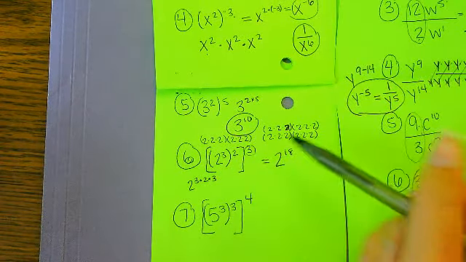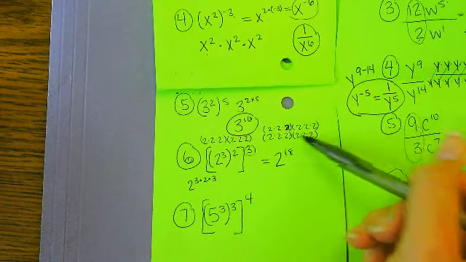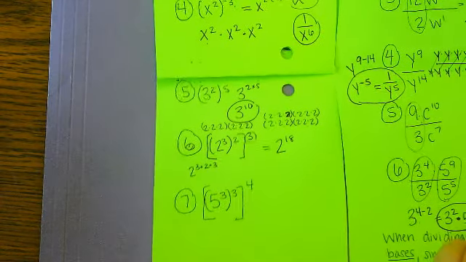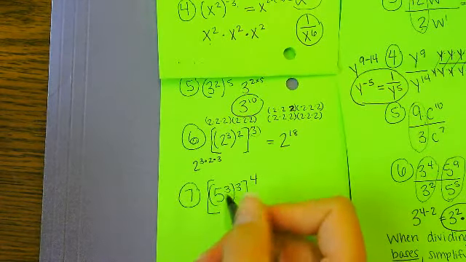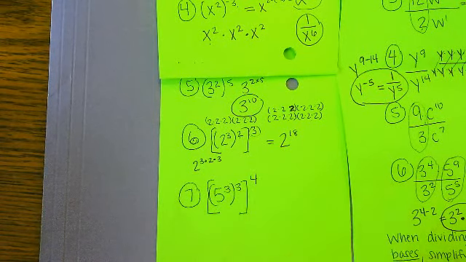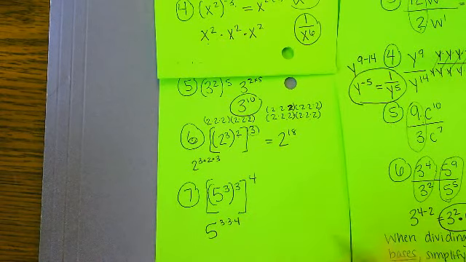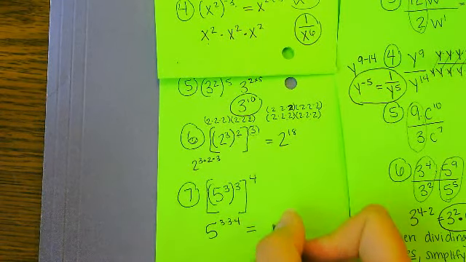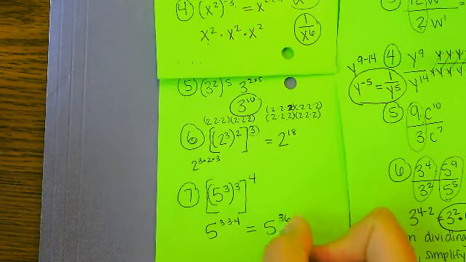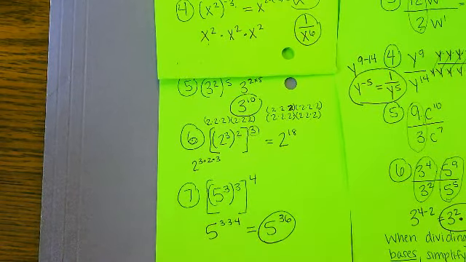And if you count out all of those 2's, 3, 6, 9, 12, 15, 18, you have 18 of them. The same thing here, 5 cubed to the third power and then to the fourth power. Multiply all of those exponents out. 3 times 3 is 9, and 9 times 4 is 36. 5 to the 36th power is what that one would be.